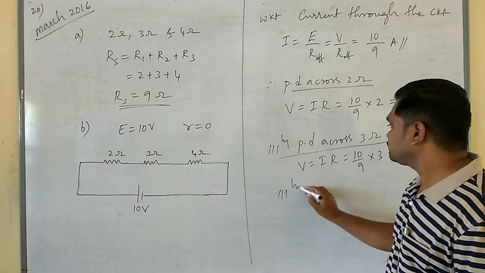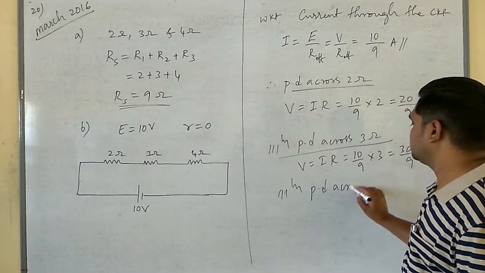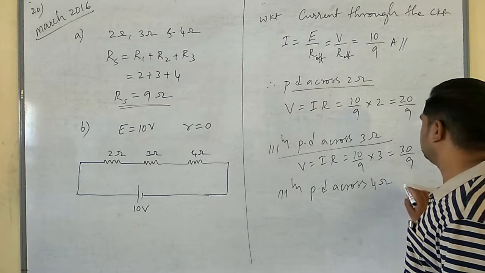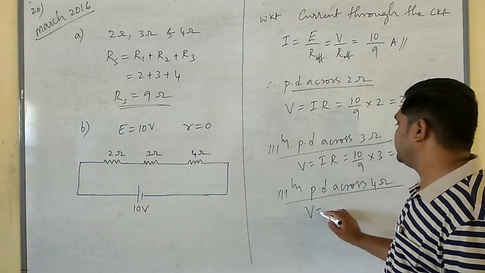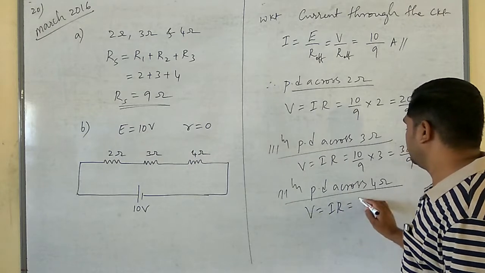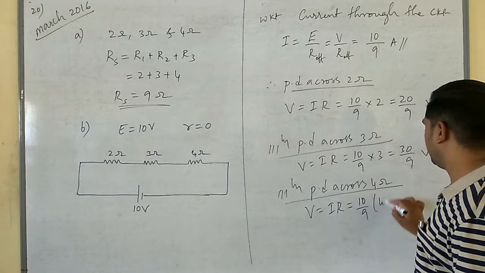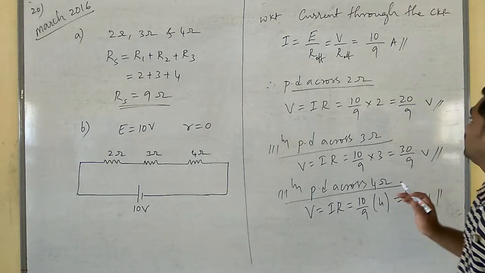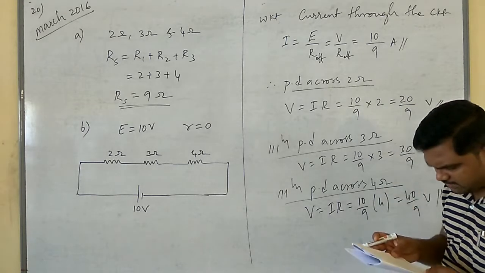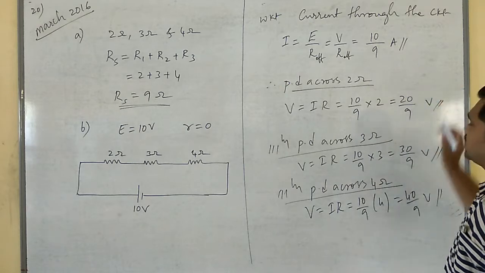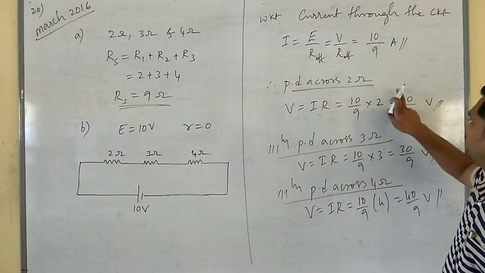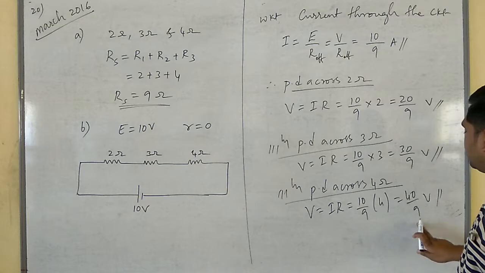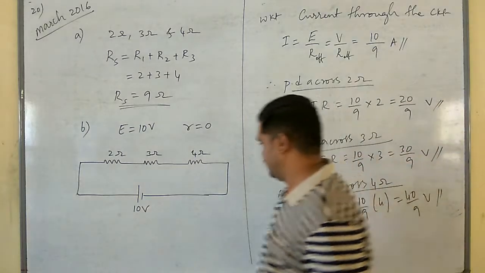Similarly, PD across 4 ohm, V is equal to IR, that is 10 by 9 times 4, that is 40 by 9 volt. I am not solving 20 by 9, so the exact value is not required here. 20 by 9 volt, 30 by 9 volt, 40 by 9 volt.